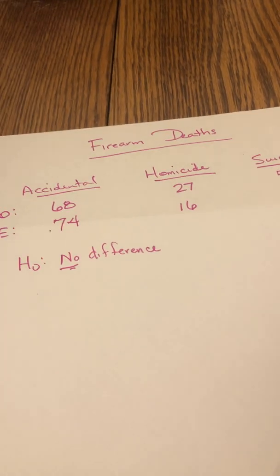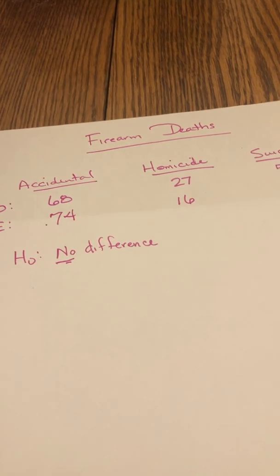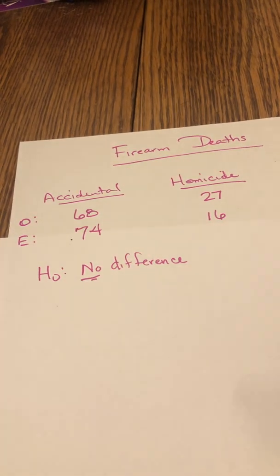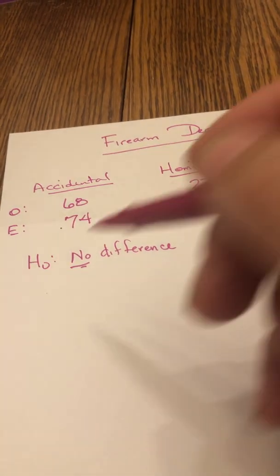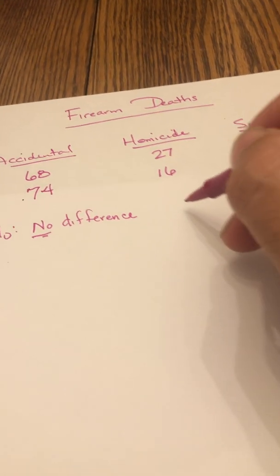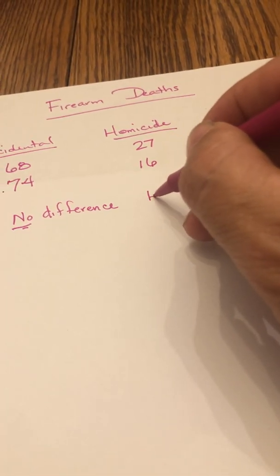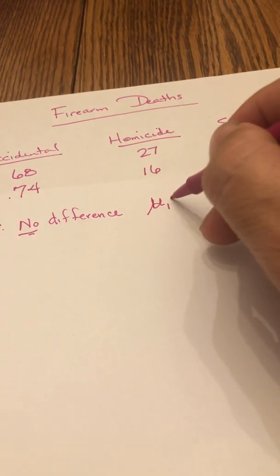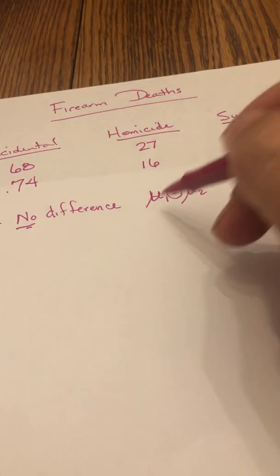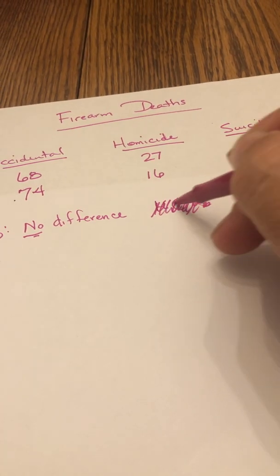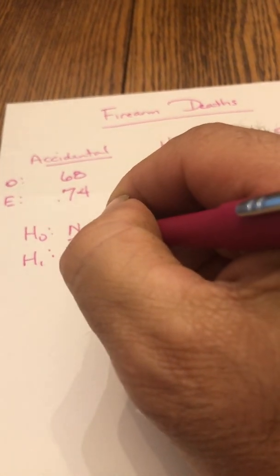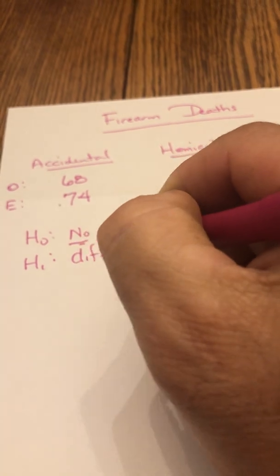There's no difference. The first one was there was no preference. That kind of keeps me into the same routine every single time of knowing that my null hypotheses always contains the no. If you remember back from earlier testing, we would test is mu sub 1 equal to mu sub 2? So we were always testing, was there equality in the two of these? Don't want that here. There's no difference. And the alternative to this is that there is a difference. So a difference exists.